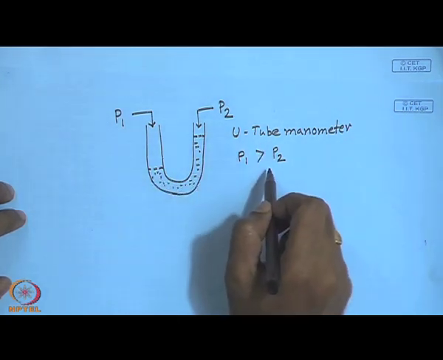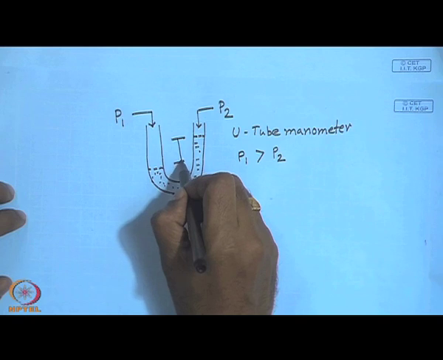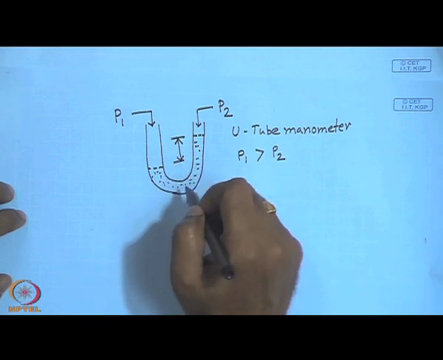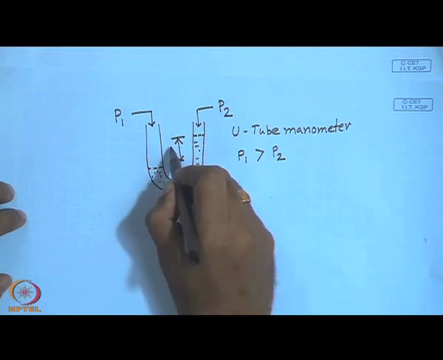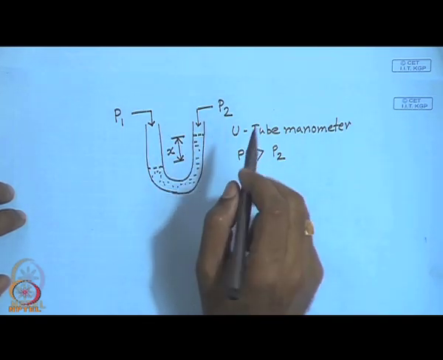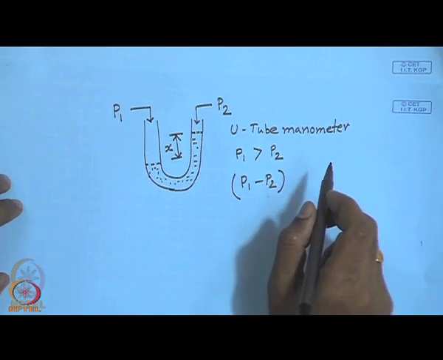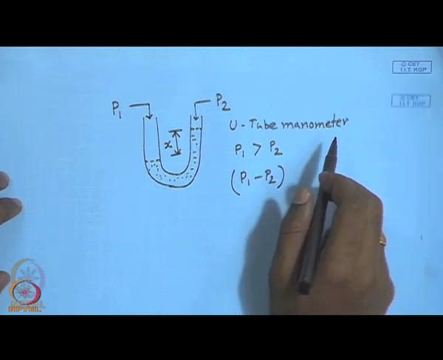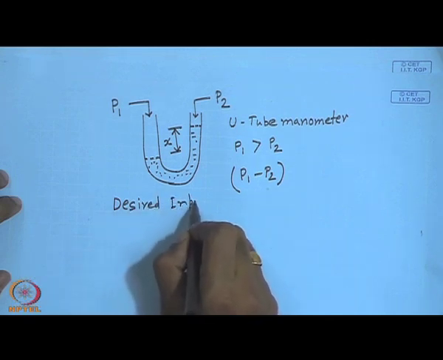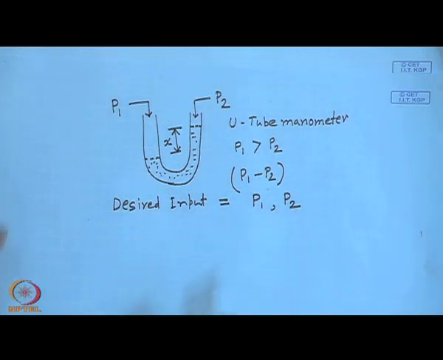So, if P1 is greater than P2, this difference of liquid level between these two tubes, if we call it x, x can be considered as a measure of P1 minus P2, the differential pressure. So, the desired input here is P1, P2 or the differential pressure.